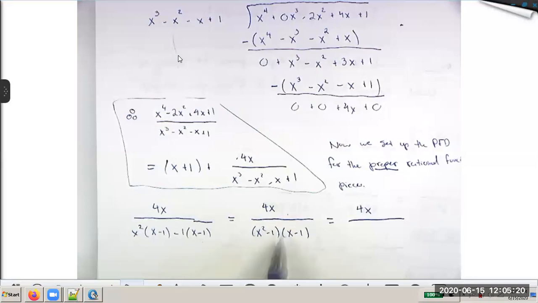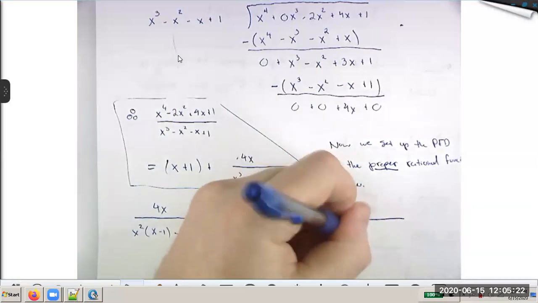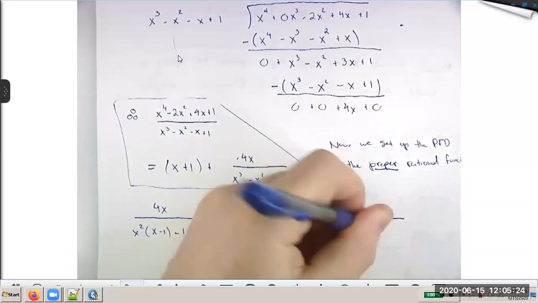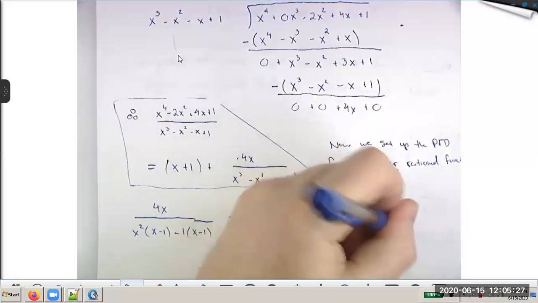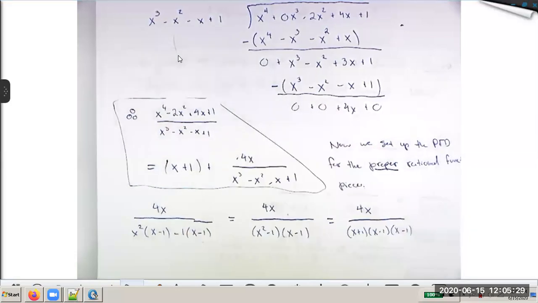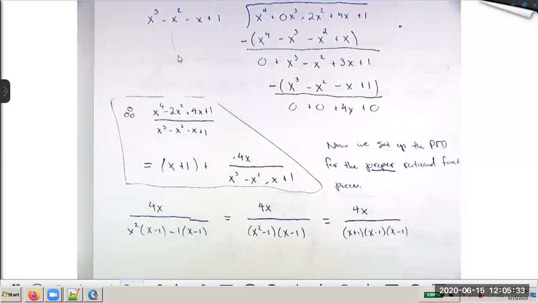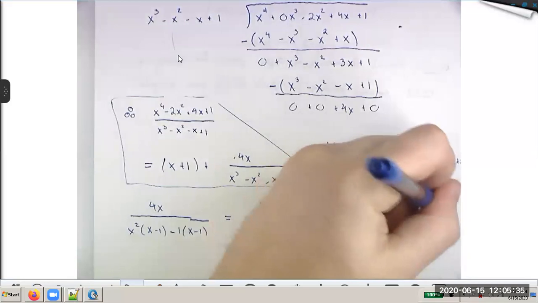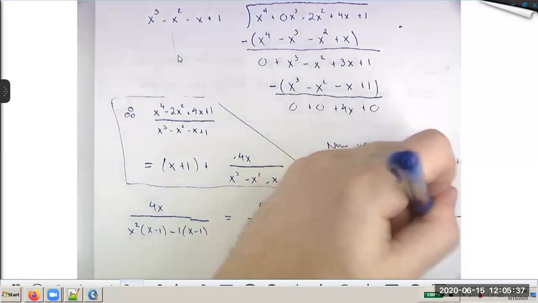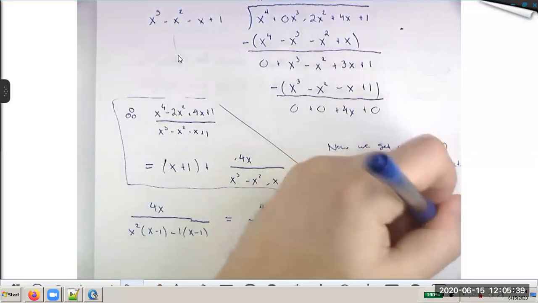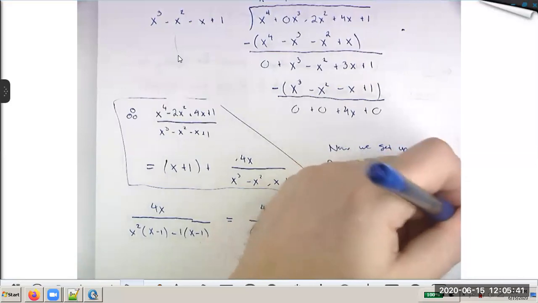And then this piece factors as a difference of squares. That's x plus 1 times x minus 1 times x minus 1. But I shouldn't leave it like that because this is a repeated factor. I should write that as 4x over x plus 1 times x minus 1 quantity squared.